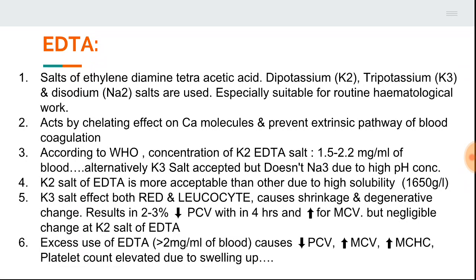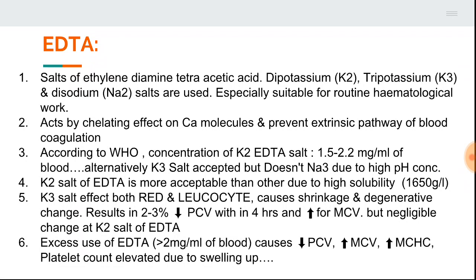Tripotassium salt affects both red cells and leukocytes, causing shrinkage and degenerative change in the cells, that results in a 2 to 3% decrease of PCV value within 4 hours and an increase in MCV value, but there is negligible change with dipotassium salt of EDTA. Thus, dipotassium salt is more preferable than tripotassium salt.